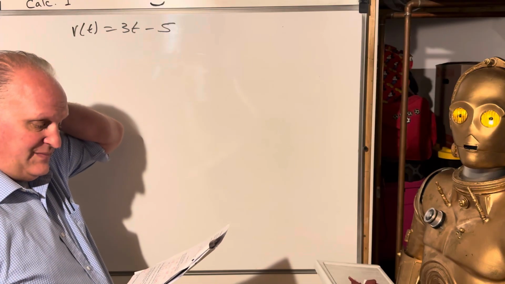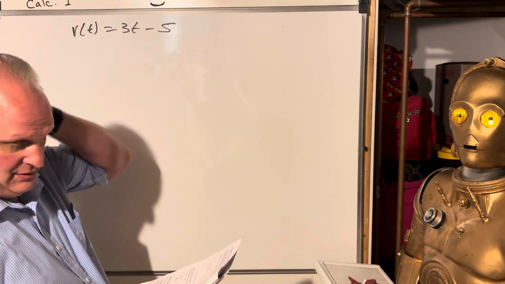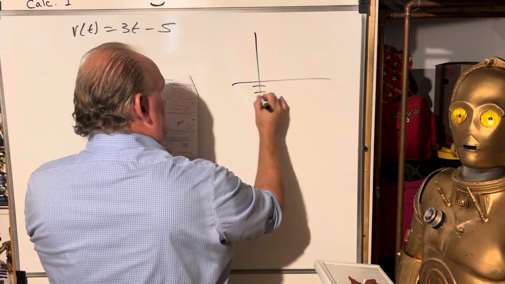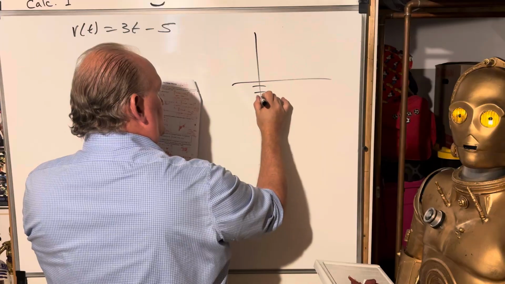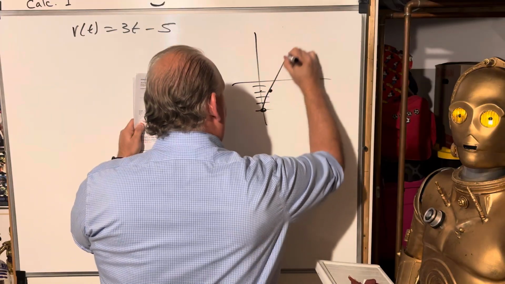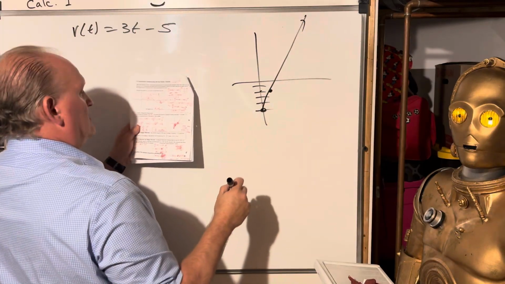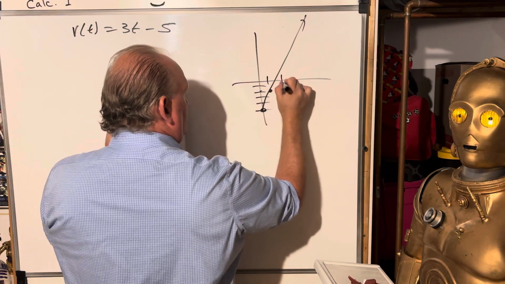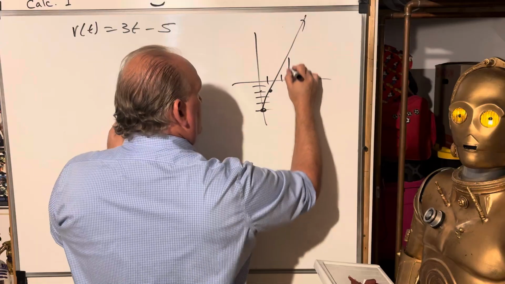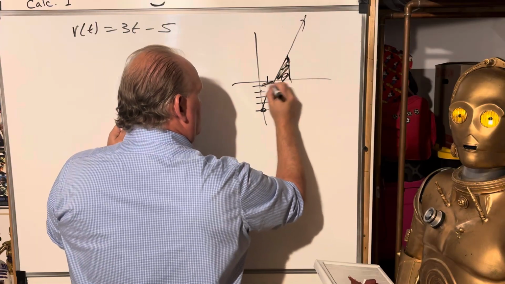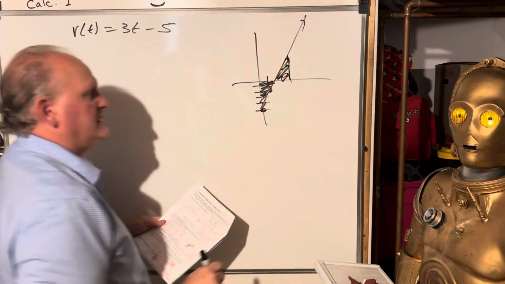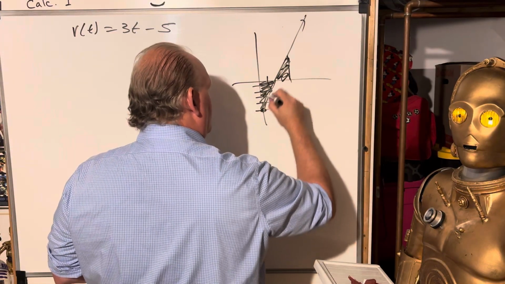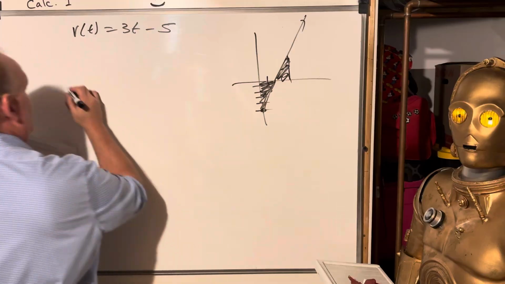Find the net displacement of the particle. Again, we could look at this picture, and they wanted us to go from 0 to 3. From my very rough sketch, it looks like there's going to be a little more below than above. All right, but let's find out.